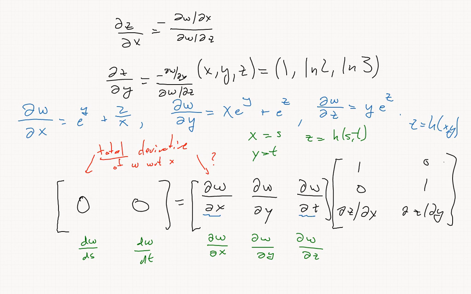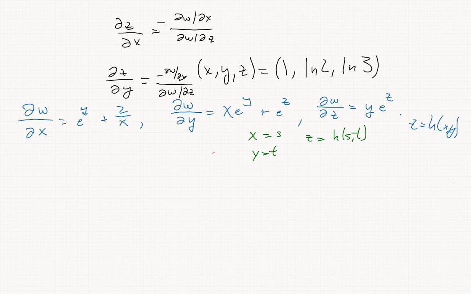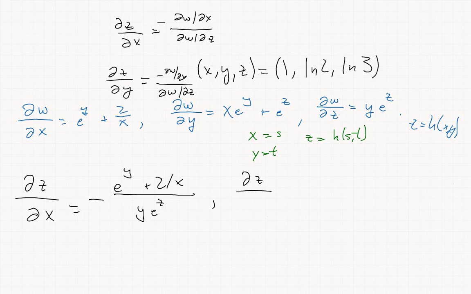So now we can evaluate that. Okay, so del z by del x will be negative e to the y plus 2 over x, divided by y e to the z, and del z by del y will be negative x e to the y plus e to the z, again over y e to the z.